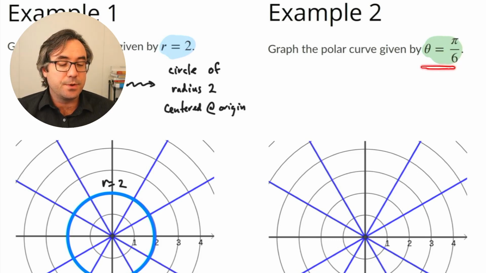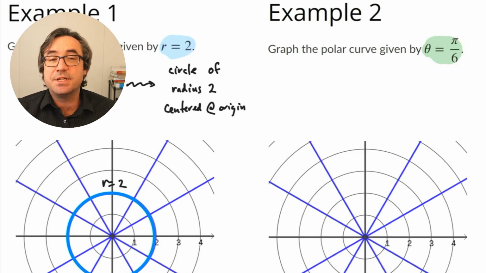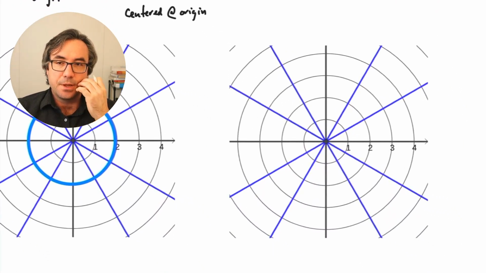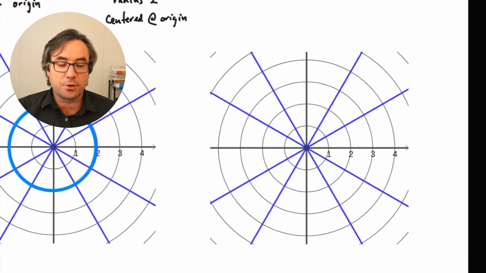Essentially what we're doing is looking at all the points that have pi over 6 as a potential angle measurement. If we look at our polar grid here, when we have pi over 6, remember pi represents half of a circle, so that's half of the radians in a circle. What we're doing is dividing the top half of our circle up into 6 pieces.